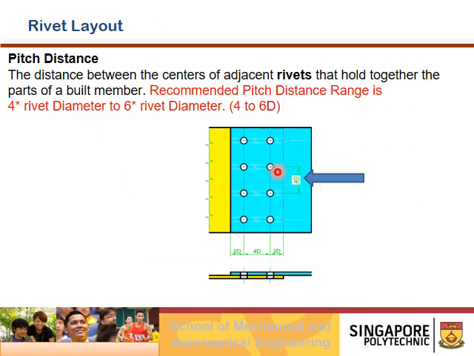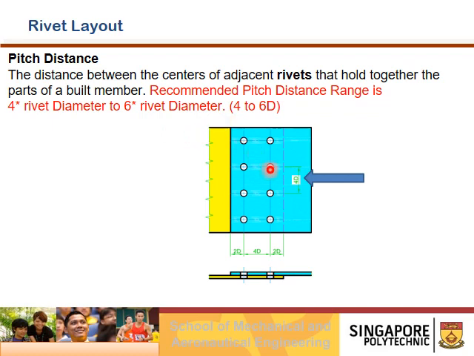As shown in this diagram, it is the distance between the centers of adjacent rivets that hold together the parts of a built member. So a pitch distance is the distance from the center of one rivet to the center of another. So this is pitch distance, right? The recommended pitch distance range is 4 to 6 times the diameter of the rivet.